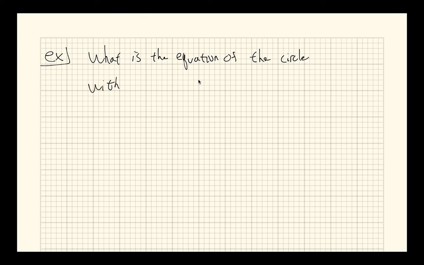What is the equation of the circle with center -4, 3, and radius 4? Really, this is just: do you know the equation? Can you plug in the center and the radius?